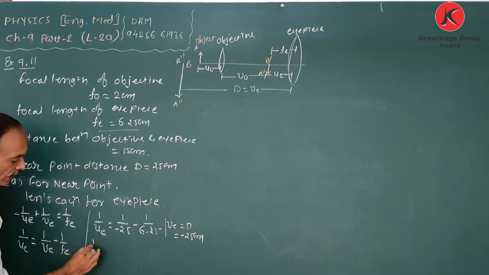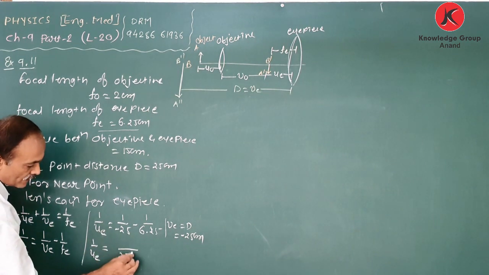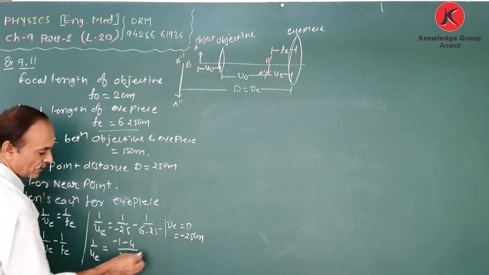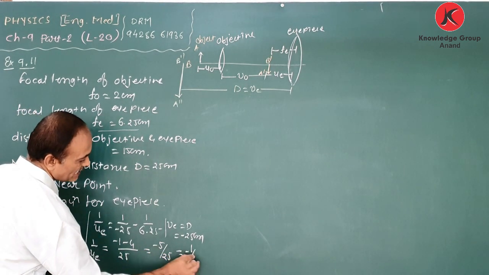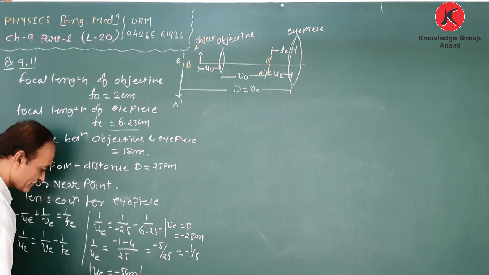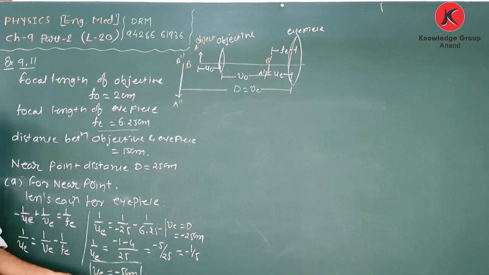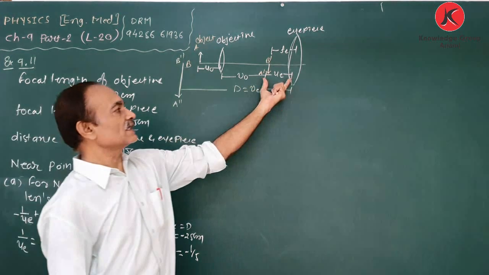Therefore 1 upon UE is equal to, here the LCM is 25, so minus 1 minus 4, therefore minus 5 upon 25, which is equal to minus 1 upon 5. Therefore UE is equal to minus 5 centimeter. That is the object distance for the eyepiece. Okay, that means we obtained this distance.